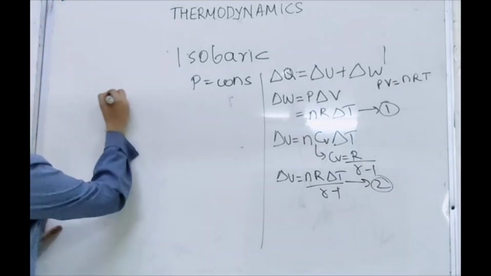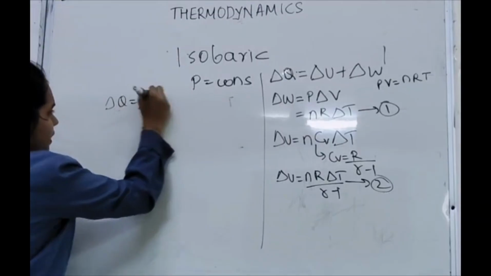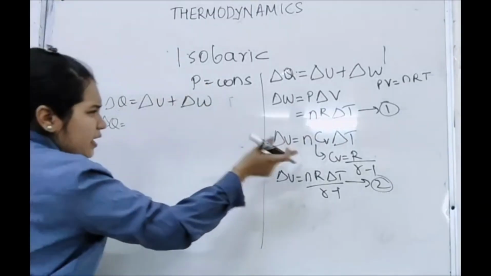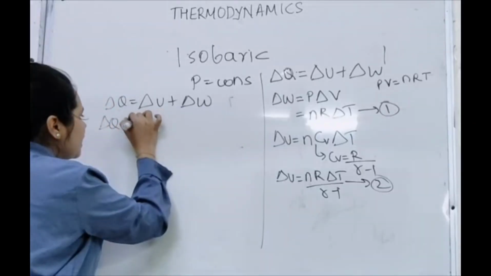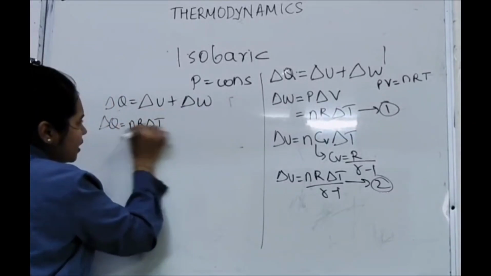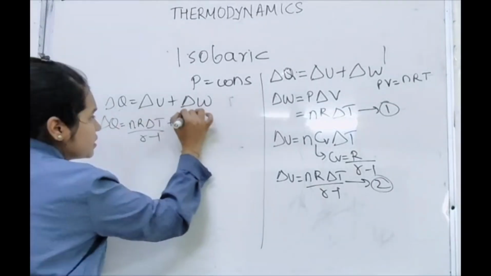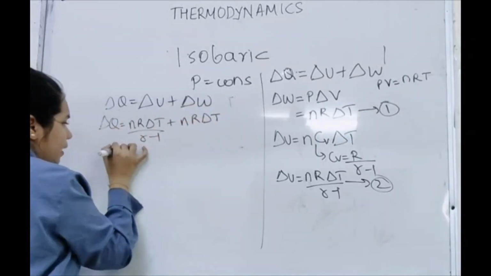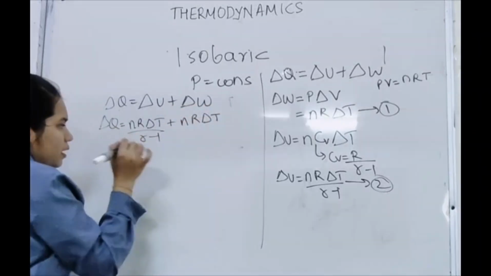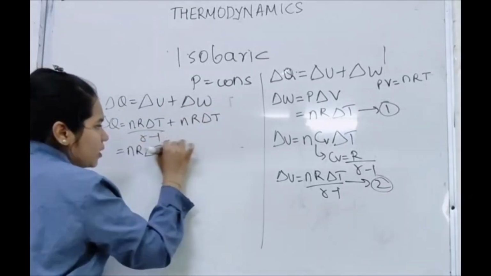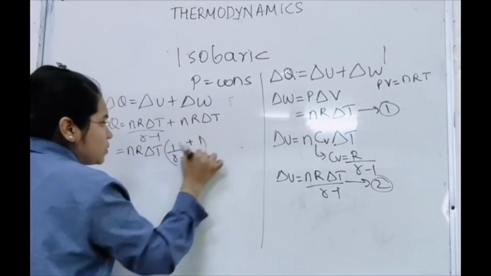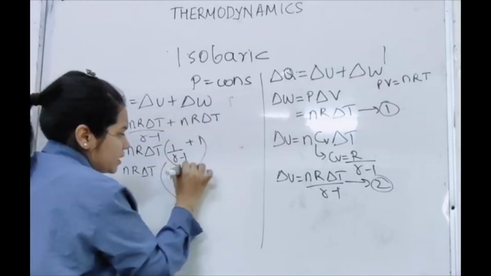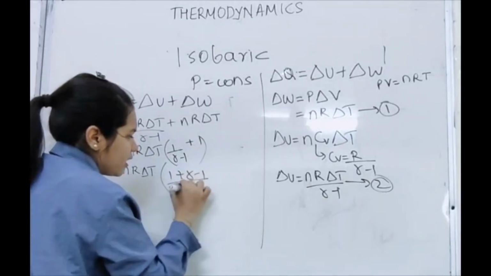Now, delta Q equals delta U plus delta W. Write the equations: delta Q equals nR delta T by gamma minus 1 plus nR delta T. Now take nR delta T out: nR delta T times 1 by gamma minus 1 plus 1. So nR delta T times (1 plus gamma minus 1) by gamma minus 1.